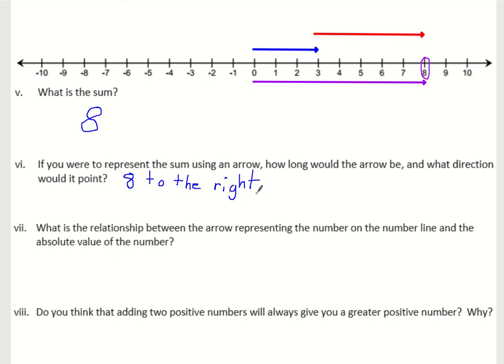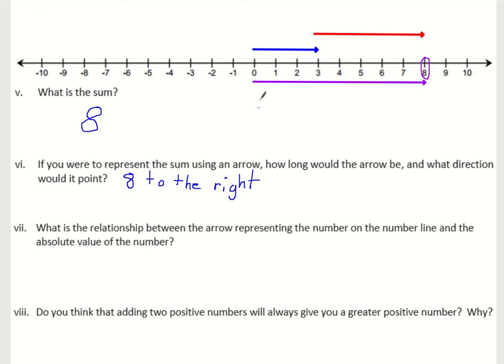But then it asks, what's the relationship between the arrow representing the number on the number line and the absolute value of that number? Okay, now I'm starting to put together the pieces on why they're asking me all of these questions.